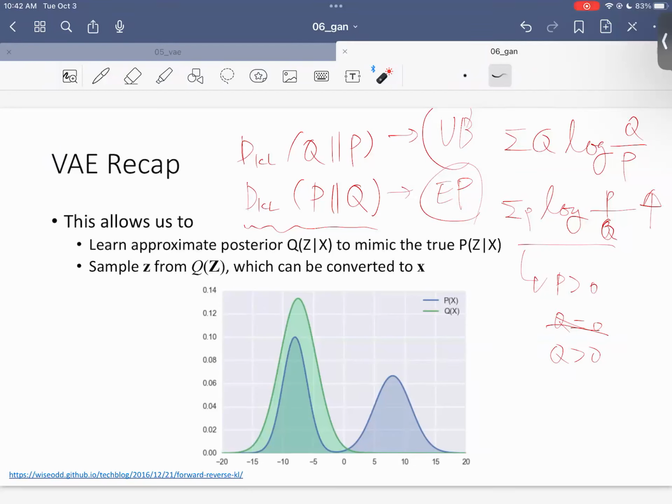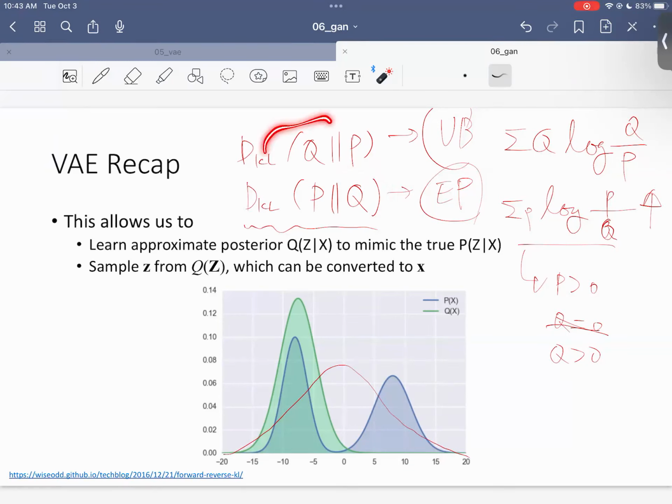So when you use DKL PQ to approximate P with a Q, you will end up with a Q that looks like this, maybe with a red line. As long as there's even slight P's here and here, Q will also have to be there. So that's the behavior of this guy.